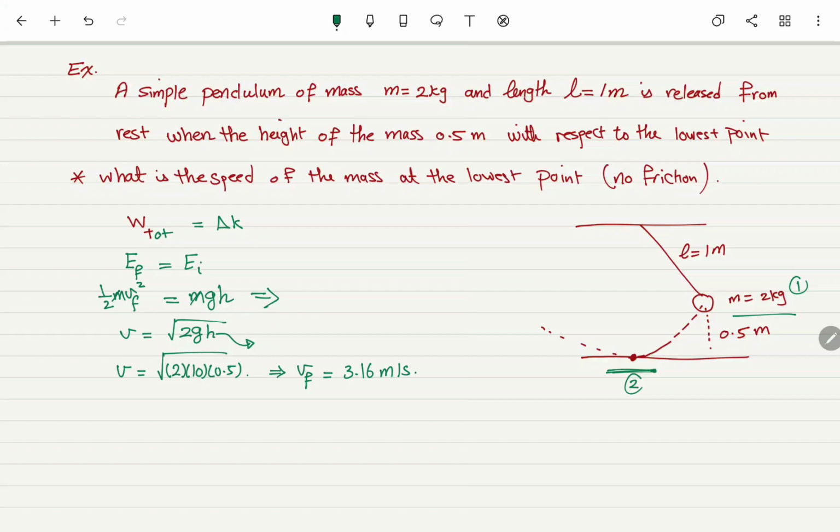In the same example, find the tension at the lowest point.